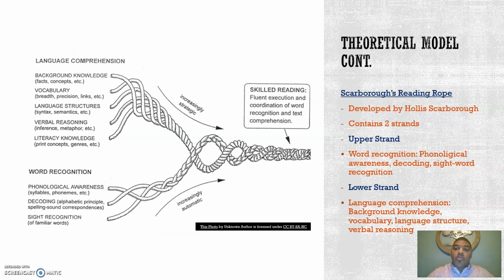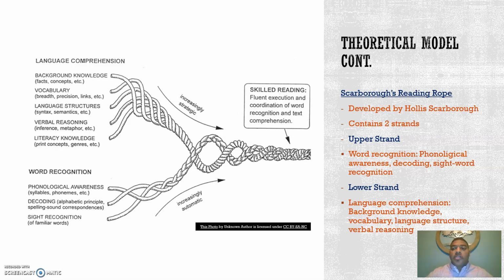Then we have Scarborough's reading rope. And in Scarborough's reading rope, she has a good visual of a two-strand concept where you have an upper strand and a lower strand. Here you see my strands a little bit flipped with word recognition being my upper strand and language comprehension being my lower strand. Yet they still work in the same concept as what she has set out in her visual.